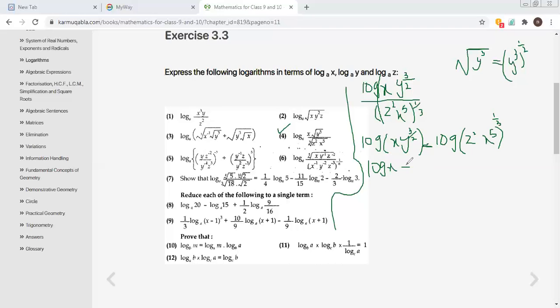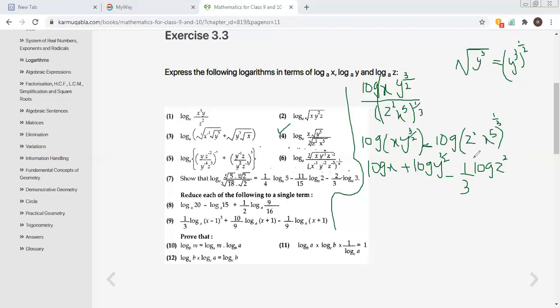It becomes sum plus log y 3/2. Okay, and then minus, now Ayesha, you can see that before applying law number 2, we will first apply law number 3, because the whole power will be written before the log, and then open the bracket with the help of law 2, so it becomes z square.